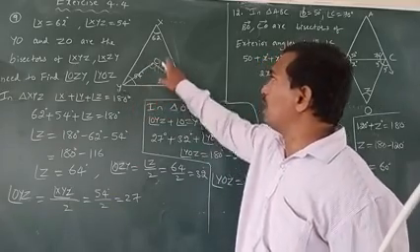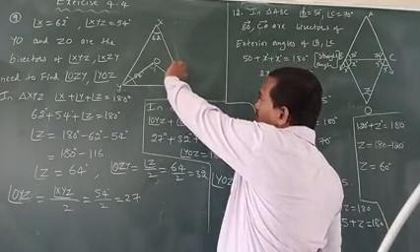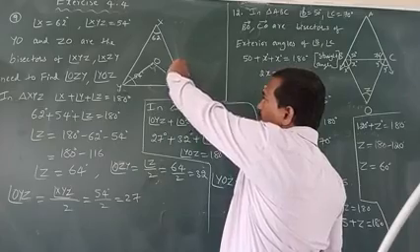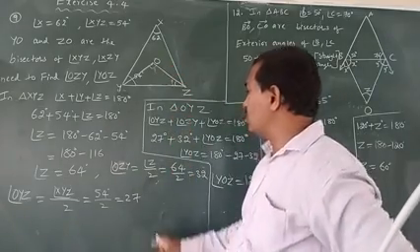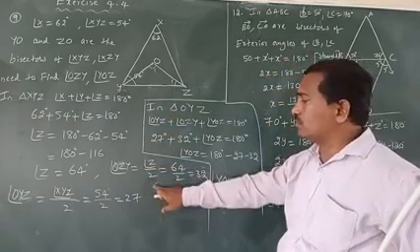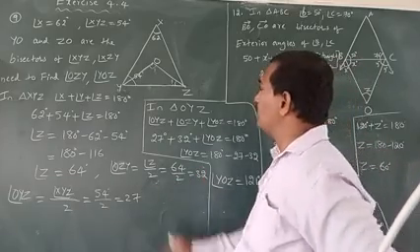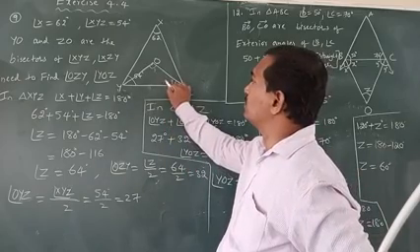OZY equals half of XZY. This total angle is divided into two equal parts. So angle OZY is equal to angle Z by 2, that is 64 by 2, which is 32. So now we got this angle 32.